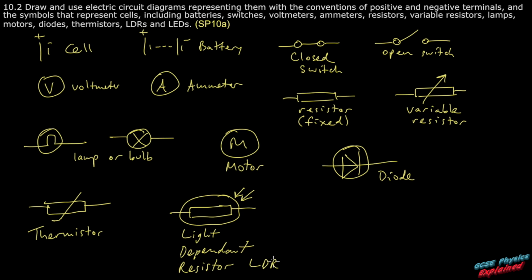It's a resistor that changes its resistance depending on how much light's on it. And an LED is the same as a diode, but it gives out light. D, I, O, and then it's given off light. So there's a couple of little bits of light coming off it. Light emitting diode.